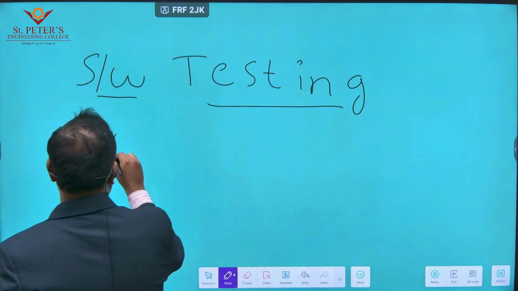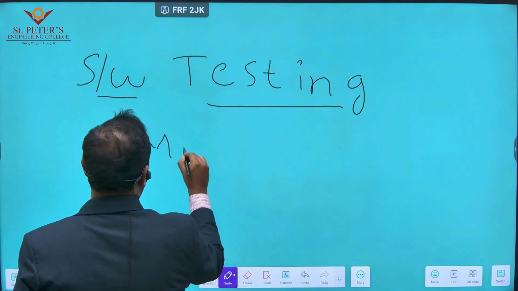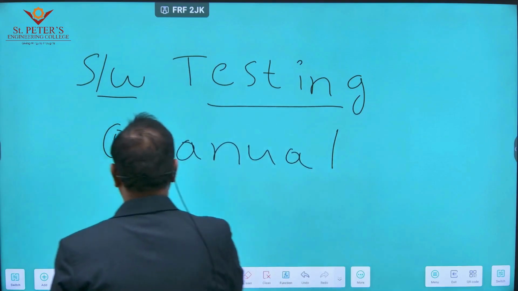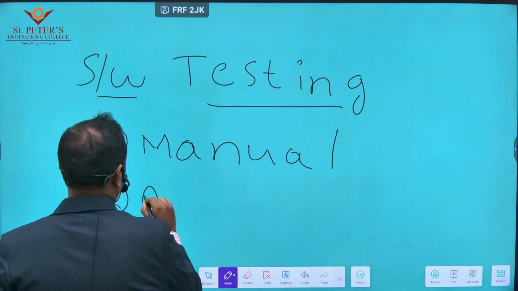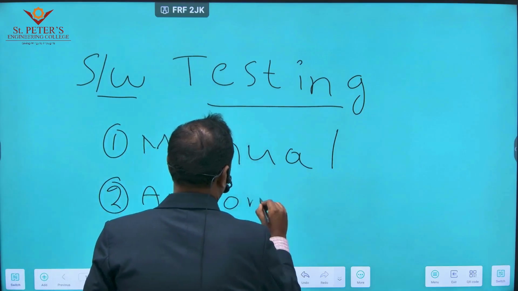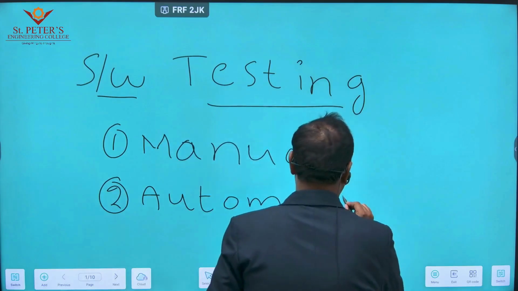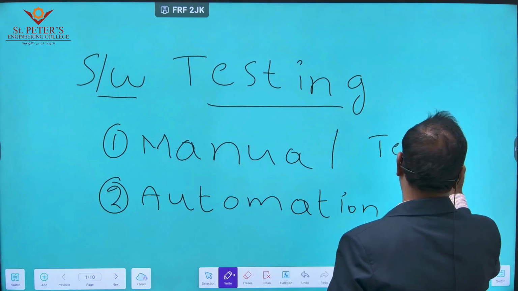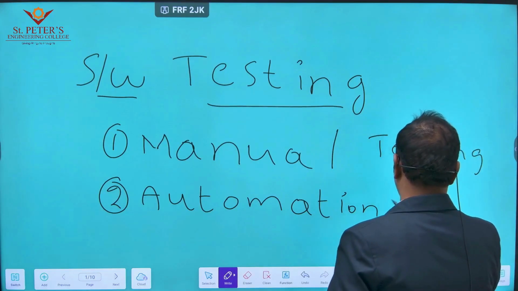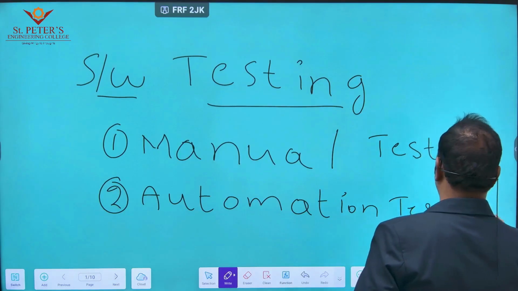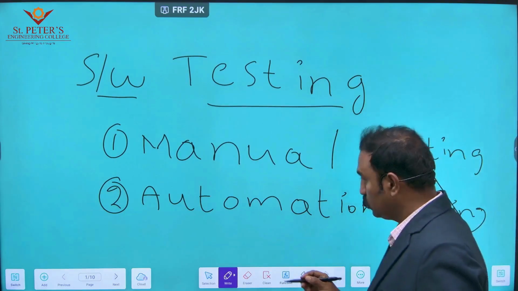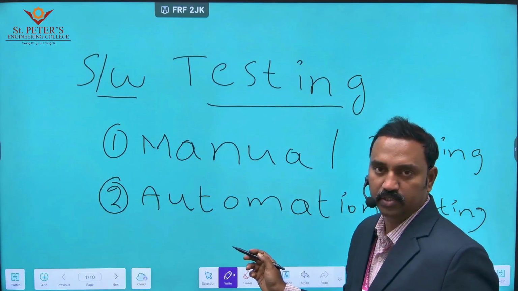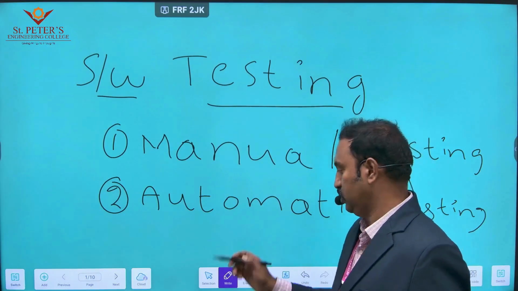In software testing, we have two types: manual testing and automation testing.